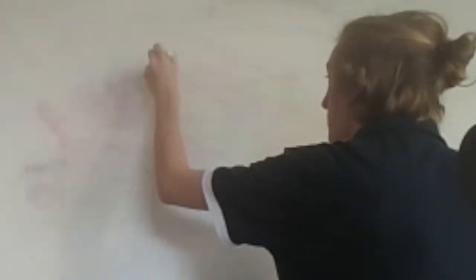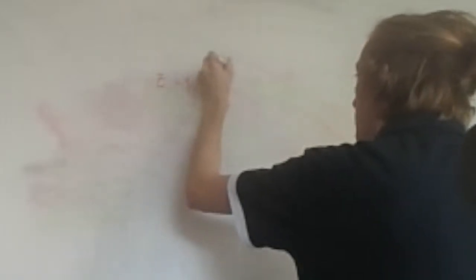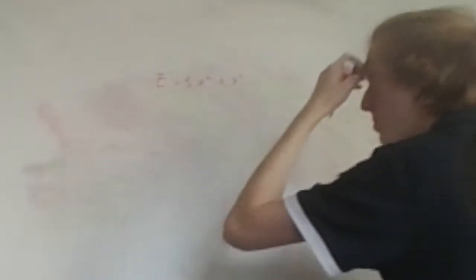Z is equal to 3x squared plus y squared. We need to figure out what this is.